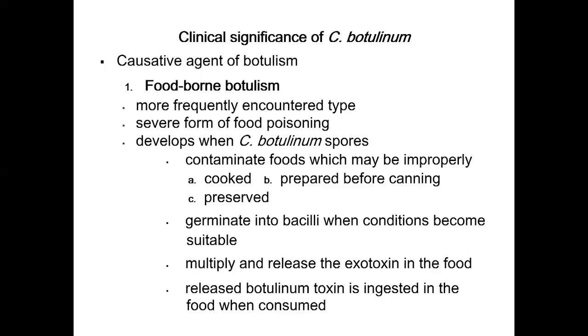As they multiply, they release the botulinum toxin in the food. Then when the food is consumed, if it is not properly cooked, one would consume the food containing botulinum toxin and end up with manifestations due to the effects of this toxin.